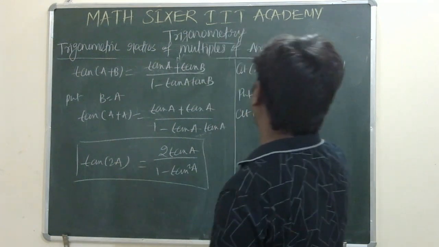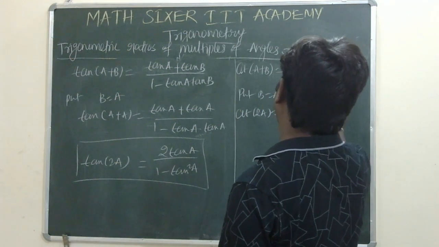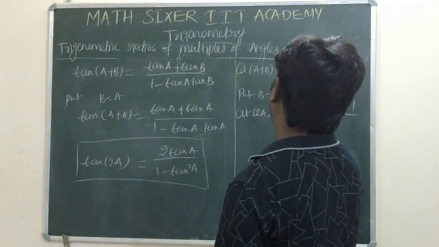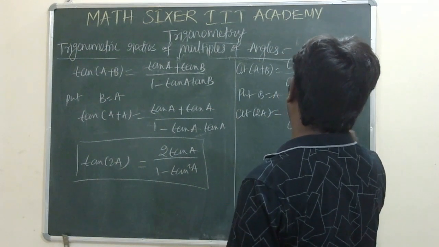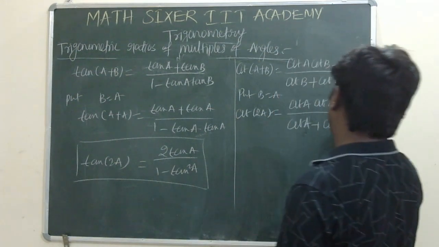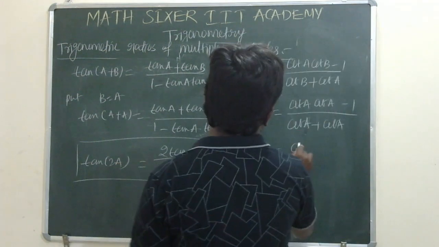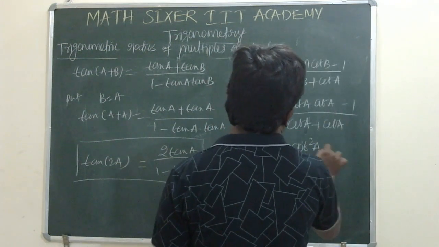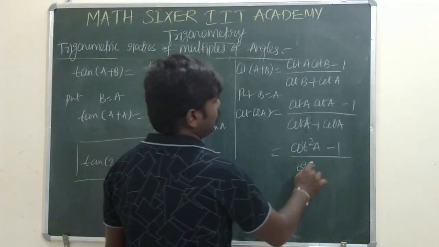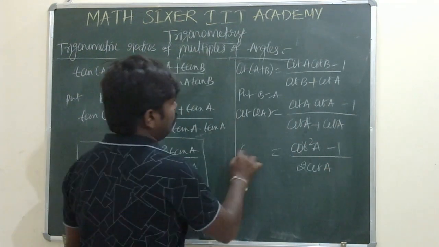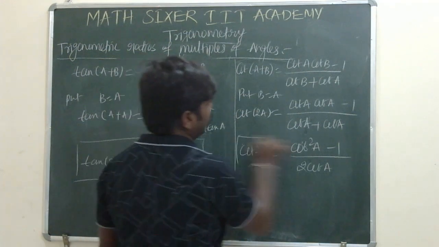Cot a into cot a minus 1 divided by cot a plus cot a. So cot a into cot a becomes cot square a minus 1 divided by 2 cot a. This is the value of cot 2a.